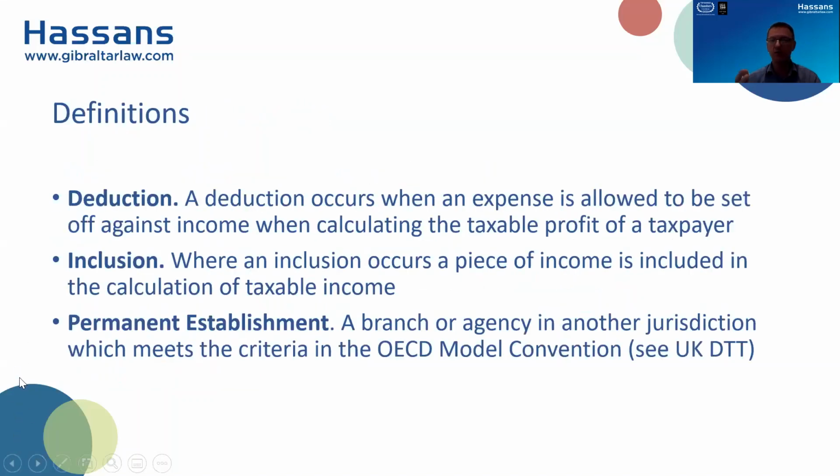So first of all, when we're thinking about the hybrid mismatch rule, what happens is these hybrid mismatches give a tax advantage in one jurisdiction by allowing either a deduction, which is not then included in taxable income somewhere else, or double deductions, where you can claim a deduction against tax in two different jurisdictions against two different sets of income.